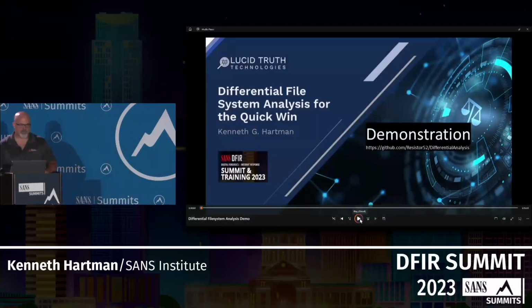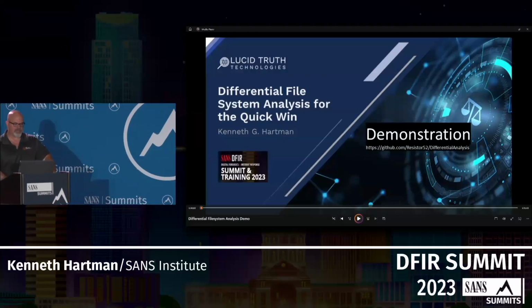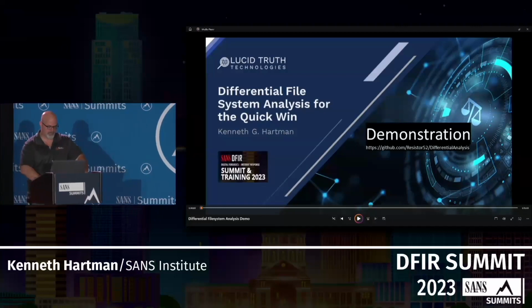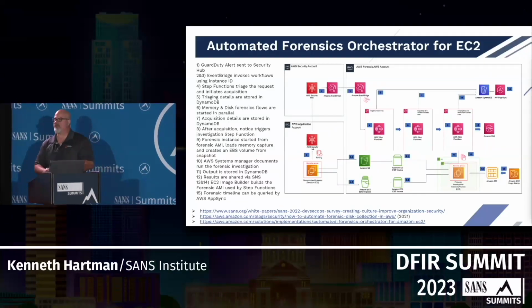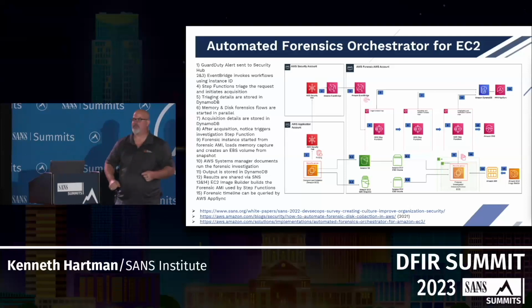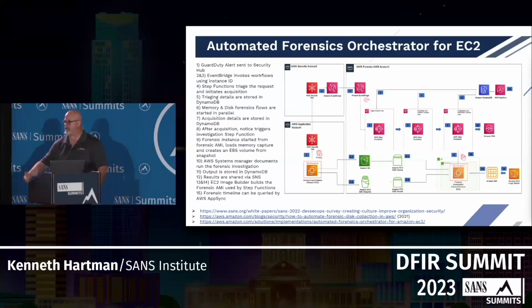Before I wrap up, I wanted to talk briefly about a slide that we've seen today. This slide is the automated forensic orchestrator for EC2. And just to put things into context, why do we like to do things like forensic orchestration? It's the same reason why developers and production operators like to use that CI/CD pipeline, right? Because then we can do things at scale and in that same repeatable way.